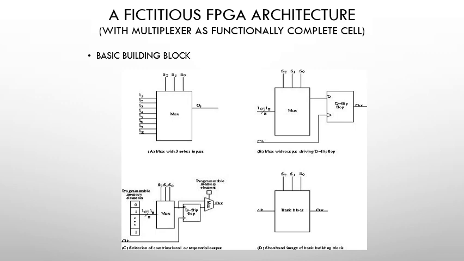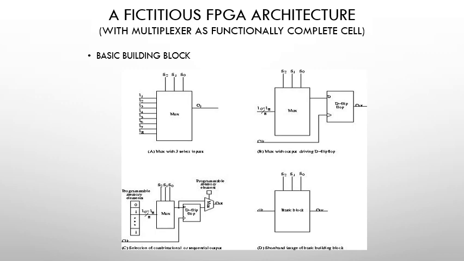The basic building blocks of FPGA architecture. First of all, we have a mux, and then the mux is connected to a D flip-flop, and then programmable memory elements, and one more mux is connected in the output section.